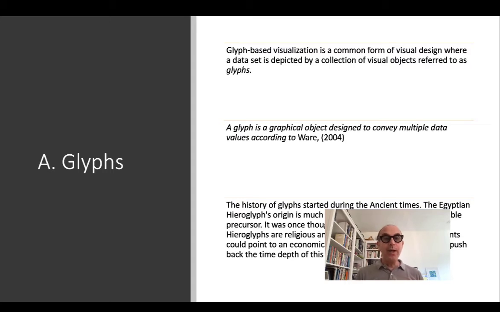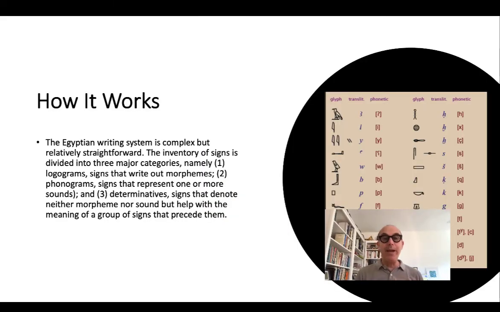So the first one is Glyphs, a visualization commonly used to display multiple data, and it has been established. It comes from ancient Rome or Egyptian times, where they used that type of visualization to display.